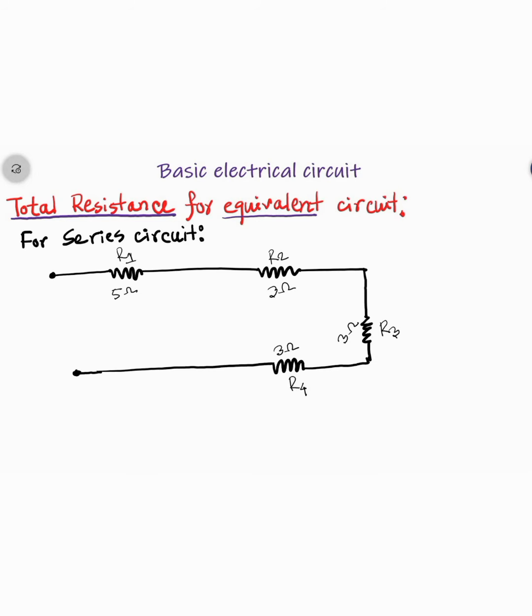In this circuit, the values of R2, R3 and R4 are the same. To find the total resistance, here N is the number of same resistors, and R is the value of those same resistors.